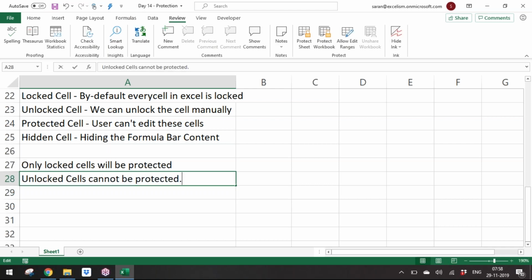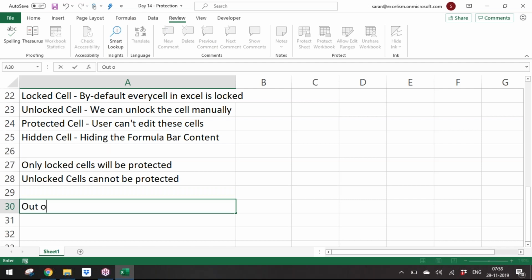Let's say out of the entire Excel, the user manually unlocked A1:A10.